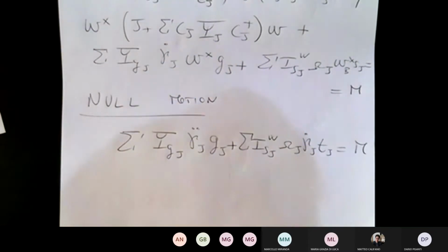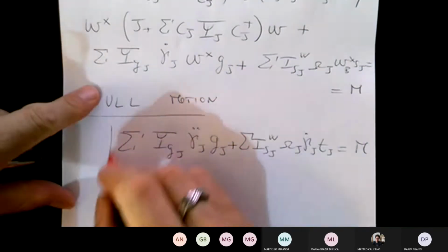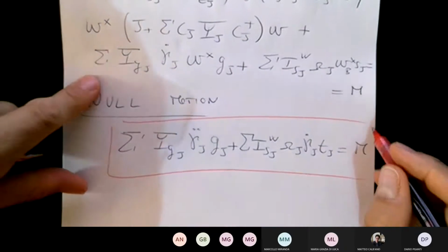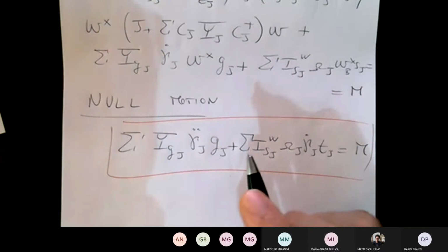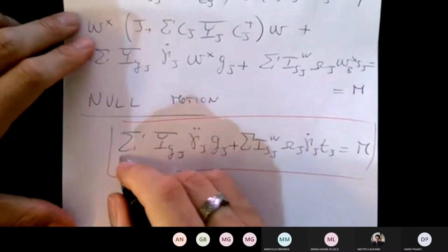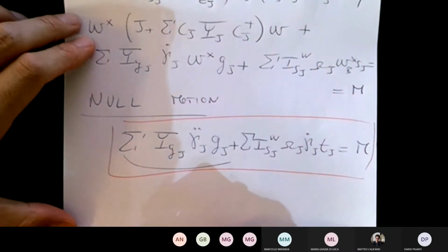So, you want to keep your spacecraft at 0 angular velocity, you have disturbances, this is how you have to control your CMGs.